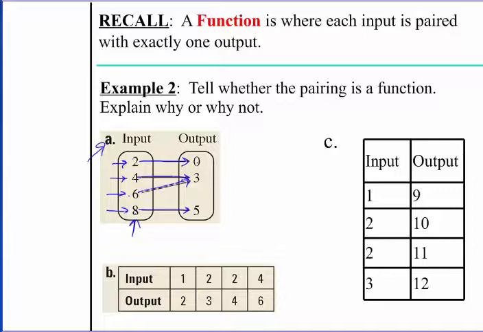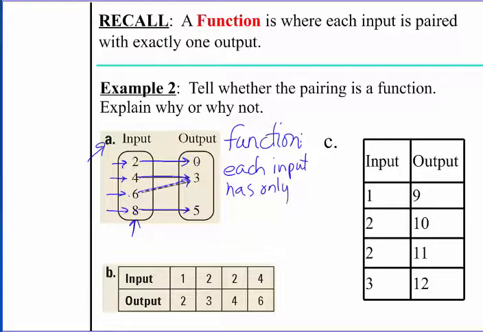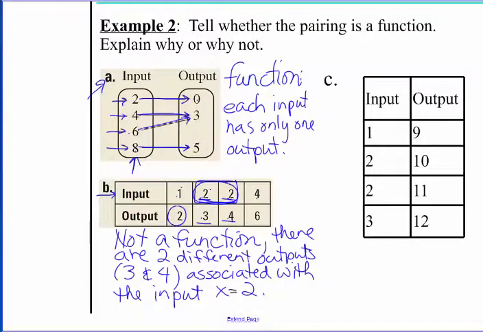They can share the same output, but they can't have two different outputs. So each number has one output. This is a function. This is your reasoning: each input has only one output.